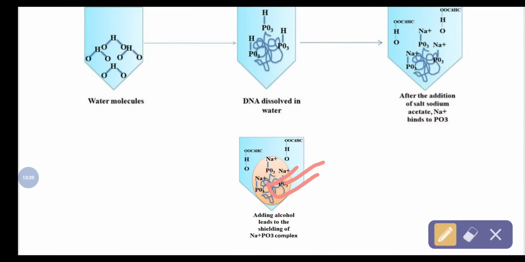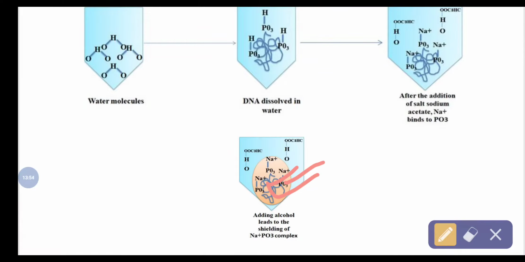Since water has a high dielectric constant, it hinders the sodium and phosphate binding. Hence it is necessary to use alcohol for DNA precipitation, as alcohol has a lower dielectric constant compared to water.